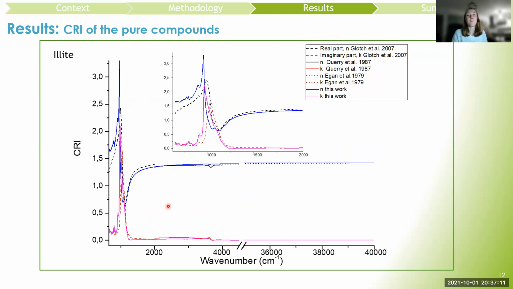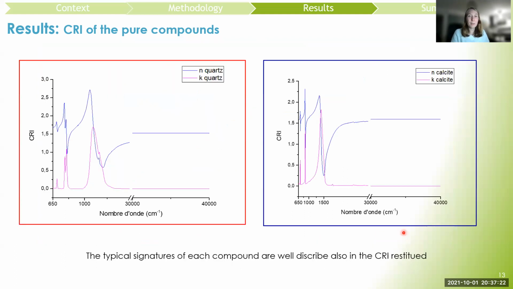So here we bring something new to the literature: a homogeneous complex refractive index over this whole spectral range. If we look now at quartz, we find again the same features, the double peak and the small peak here. For your information, in the literature, the refractive index of quartz doesn't give these two peaks.